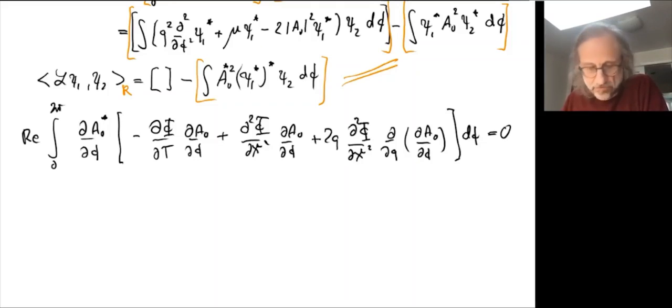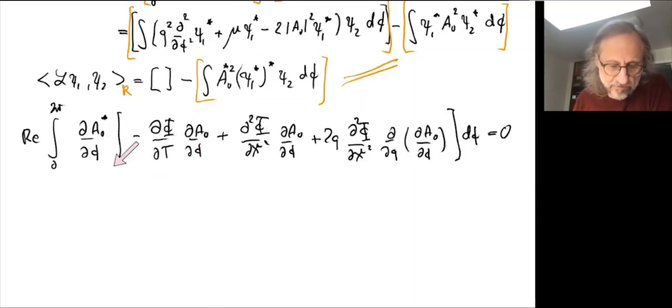What do we do with that? We want to have a condition for d phi by dt. We want an equation d phi by dt equals something. If you ignore for a moment the other term and focus on the very first term, this is simply minus d phi by dt times the absolute value squared of dA by d phi.